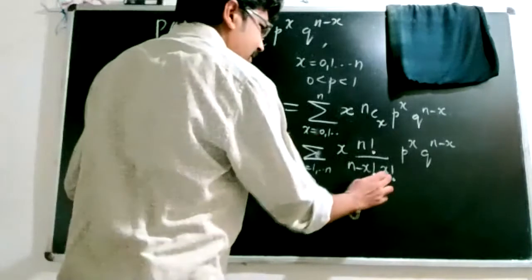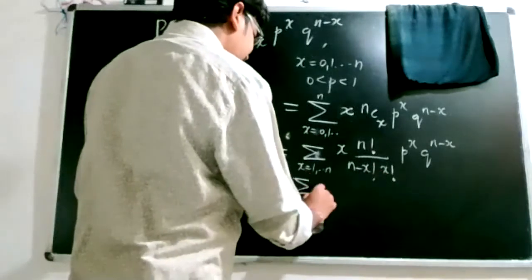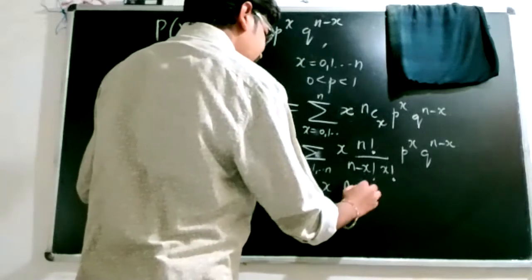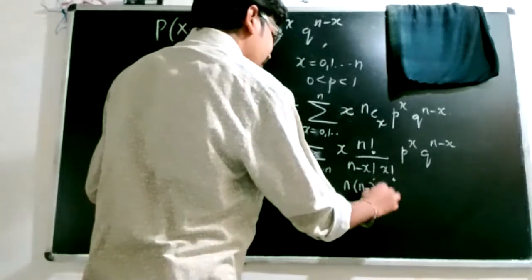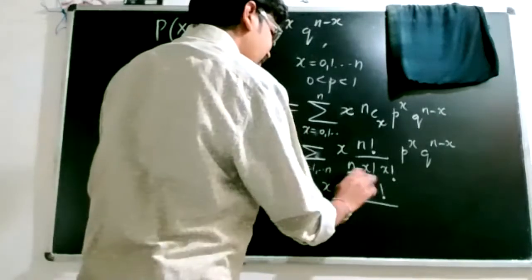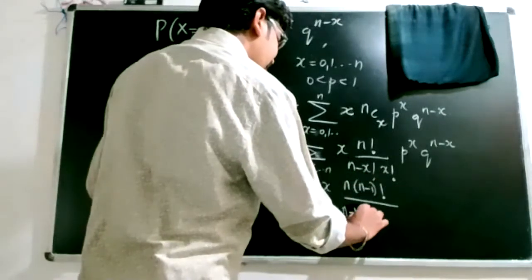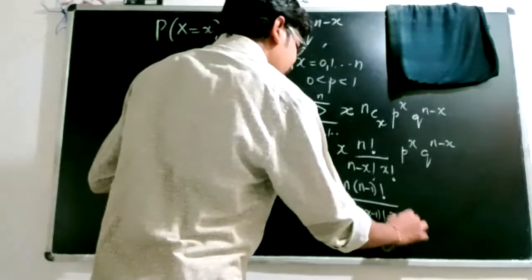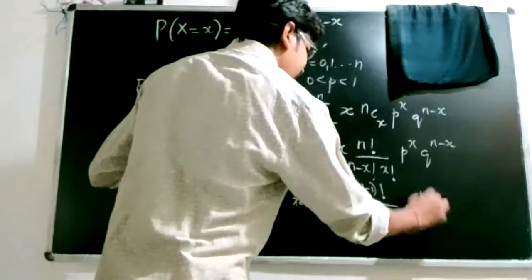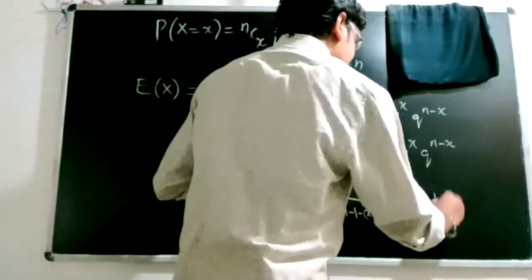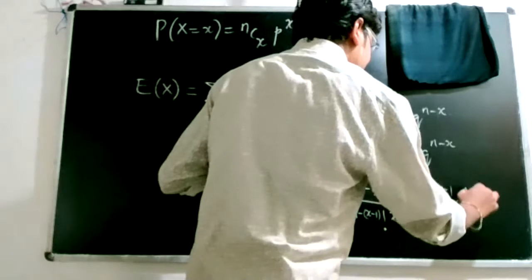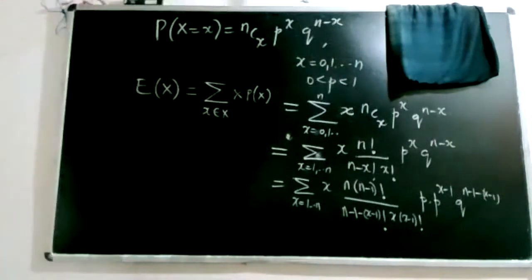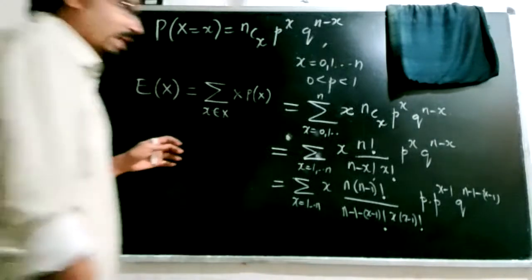Now we can write x factorial as x into x minus 1 factorial, so that x can be easily cancelled, and I can write n as n into n minus 1 factorial, and n minus x factorial as n minus 1 minus x minus 1 factorial. We expand the sum like this to show that it becomes again a binomial distribution, but with parameters n minus 1 and p.